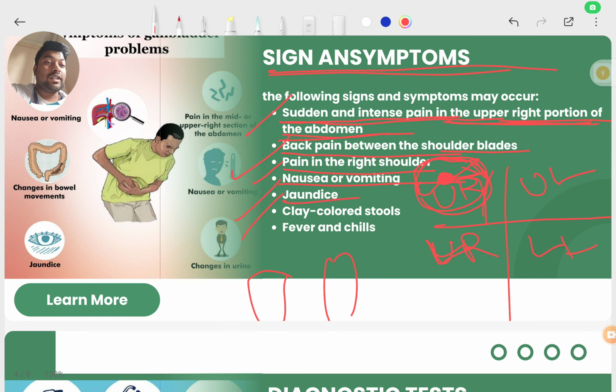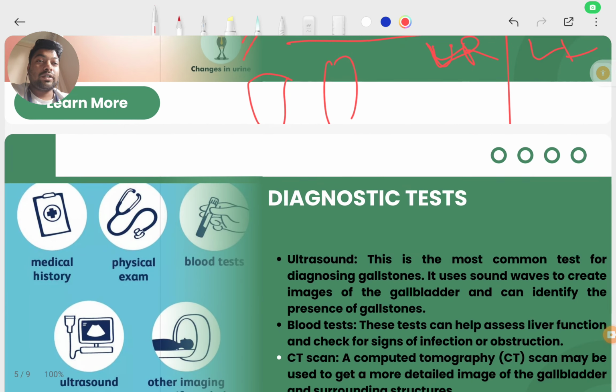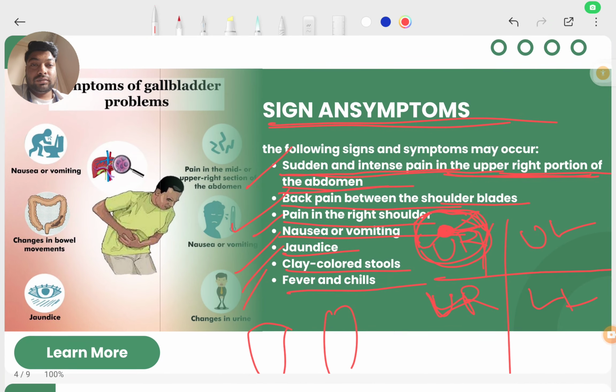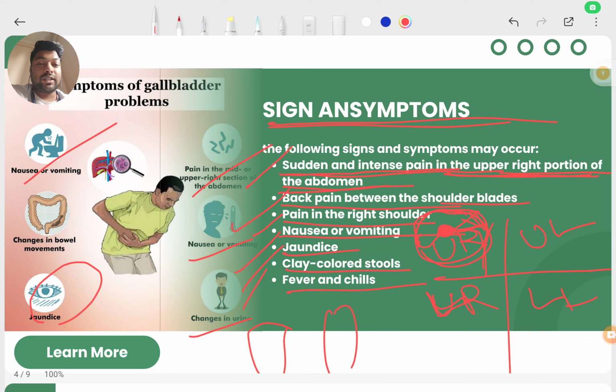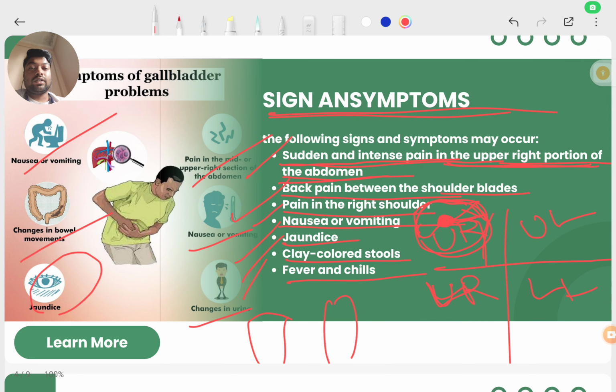Similarly, jaundice can be seen sometimes. Clay colored stools, and fevers and chills are mainly seen in these patients. So here we can see jaundice, nausea and vomiting, pain in the right upper quadrant, change in urine, and changes in bowel movements.